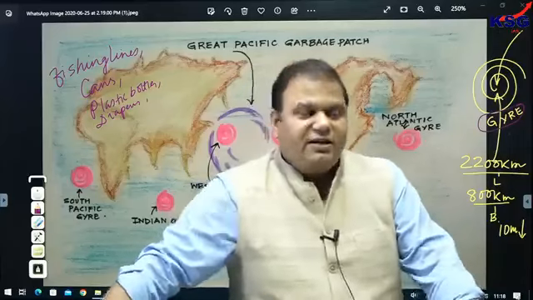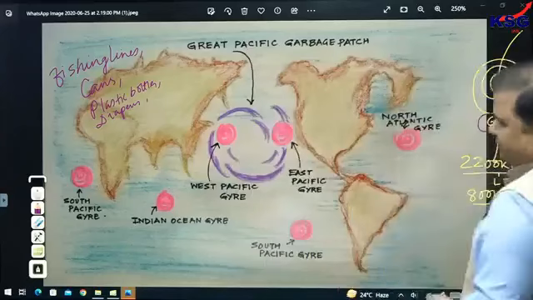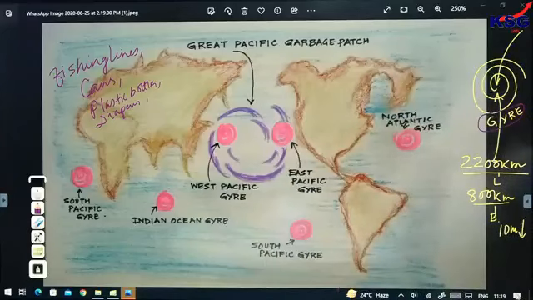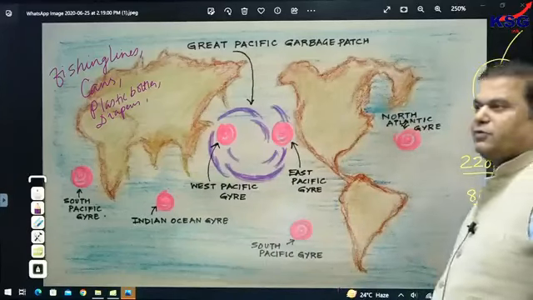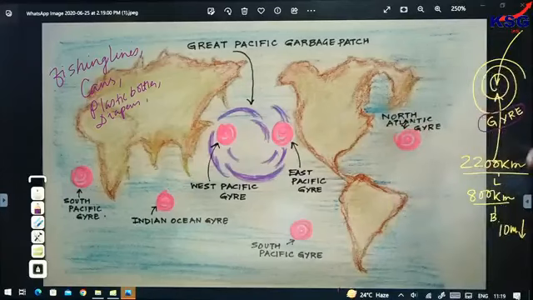When two oceanic currents mingle, mix, whirling of oceanic water takes place. Whirling means rotating.